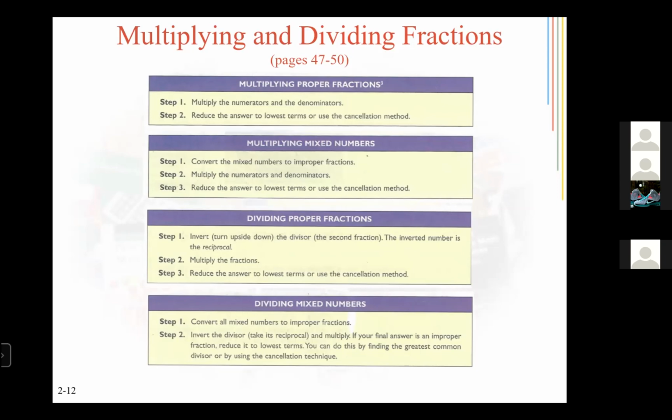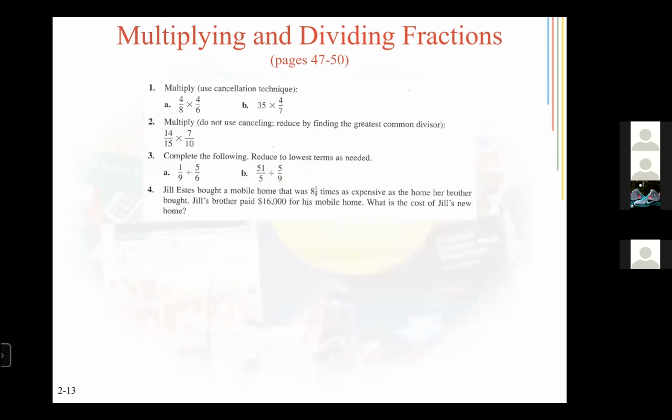Now, unlike addition and subtraction, where you have to find common denominators, that's not required when you're multiplying and dividing. Addition and subtraction have some similar steps, and multiplying and dividing also have some similar steps, so try not to get the two confused.